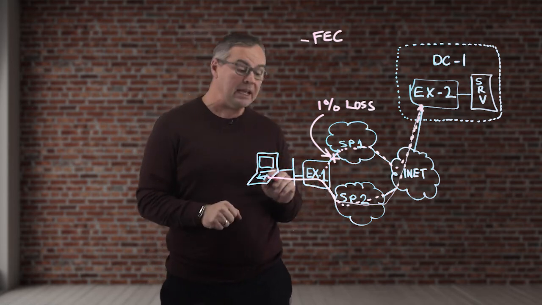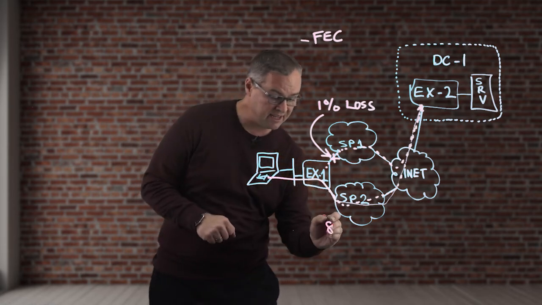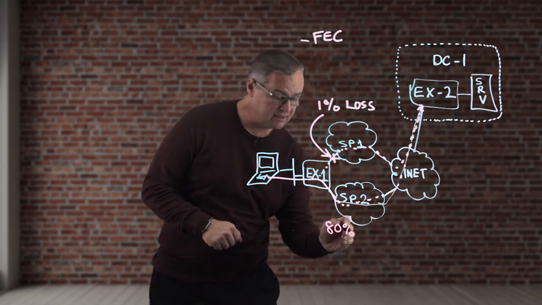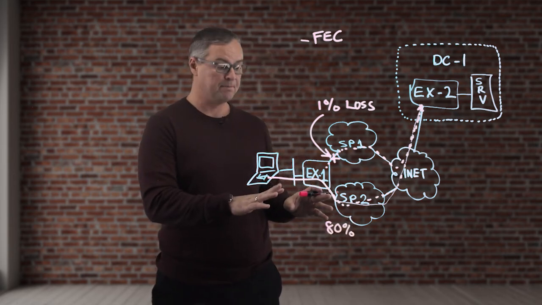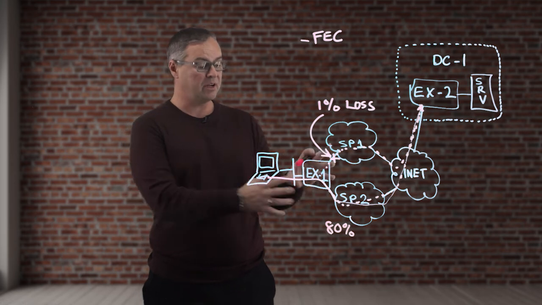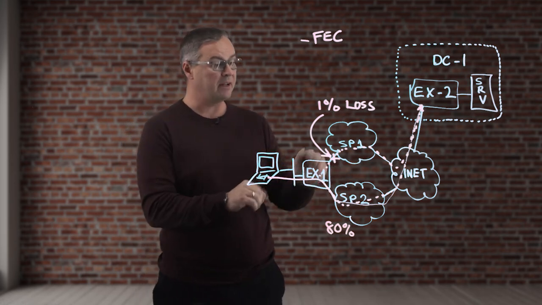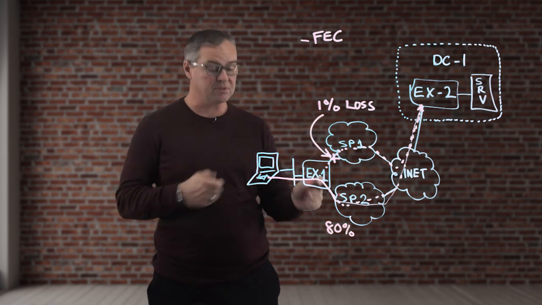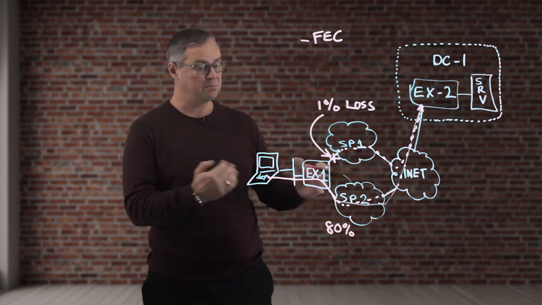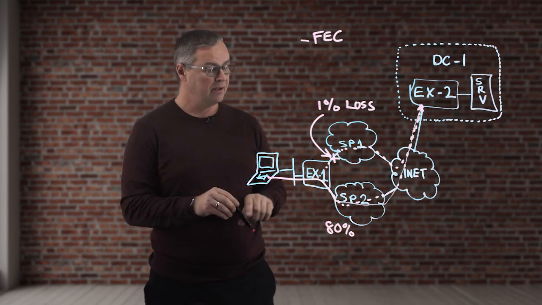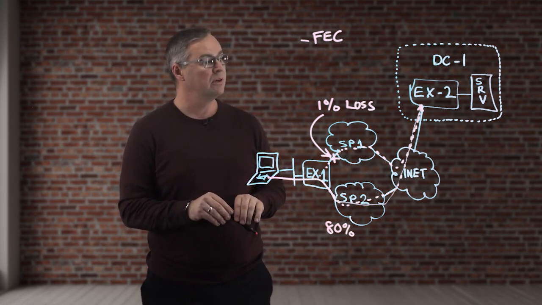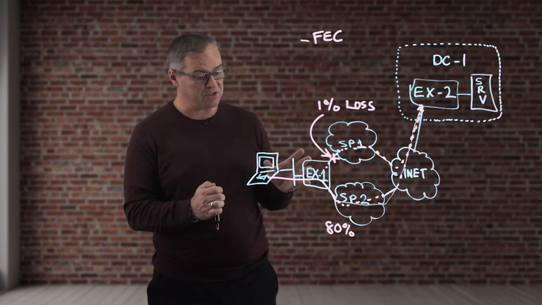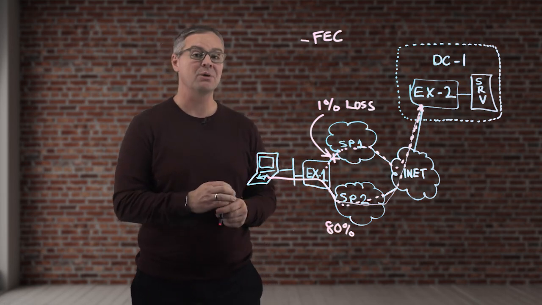So if the link hits 80%, stop replicating those packets, back off so that I don't saturate the link too much. But 1% packet loss, kick in the feature, 80%, turn it off. See, this is packet conditioning on demand. This is just one example of what we can do with the intelligent features of the SteelConnect EX SD-WAN solution.